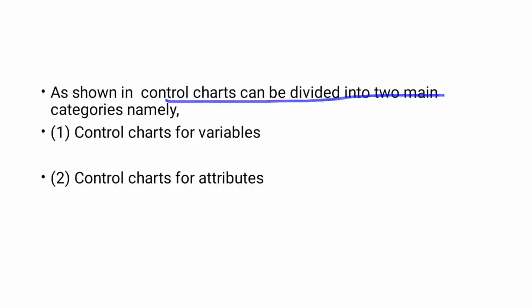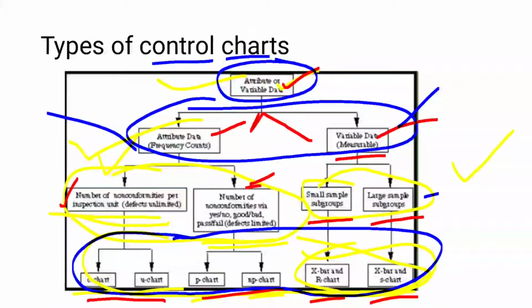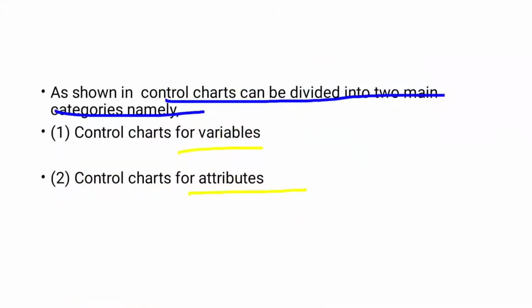As I told you, after drawing this, you directly have to draw this and write this, with no need of the other. Now let's concentrate on control charts for variables.